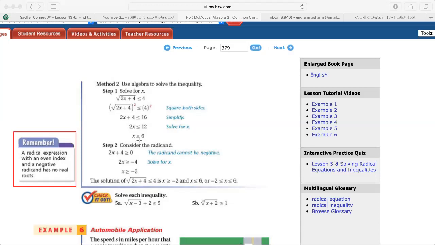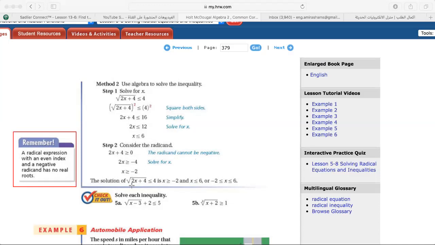Consider the radicand. 2x plus 4 is greater than or equal to 0. The radicand cannot be negative. Solve for x. 2x, subtract 4 from both sides. So x is greater than or equal to negative 2.